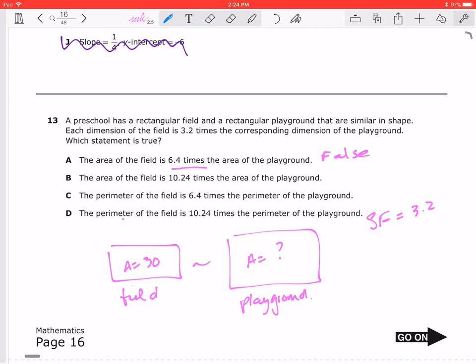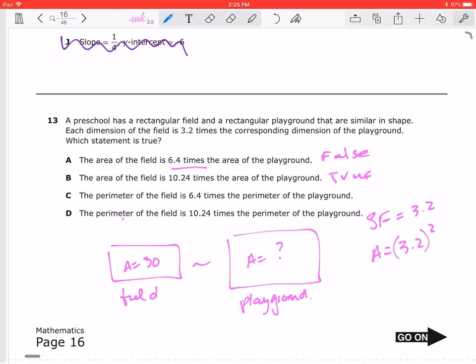Then I want to figure out the area of the playground, and I know my scale factor. I take 30, the area of my field, and multiply it by 3.2, and that whole thing squared will give me the area of the playground. So it won't be A.